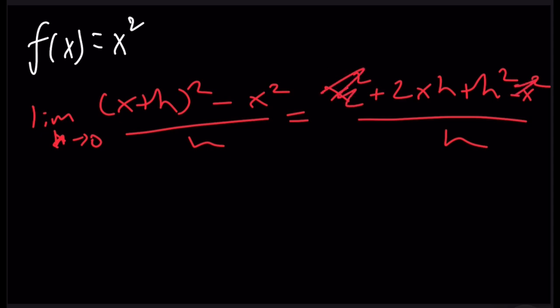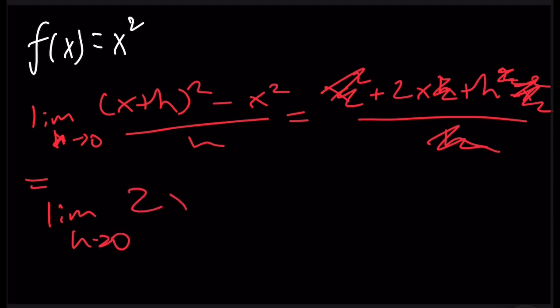These x squareds cancel out, and so does this h and these h's. And so we're left with the derivative equaling the limit as h approaches 0 of 2x plus h. And since h is 0, this just equals 2x, which is our derivative.